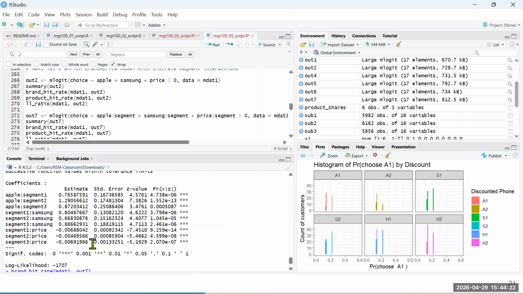And now what the model is telling us is that segment 2 is going to be the least price sensitive, whereas segments 1 and 3 are similar in their price sensitivity. And segment 2 is the one that really likes Apple, after we control for price.